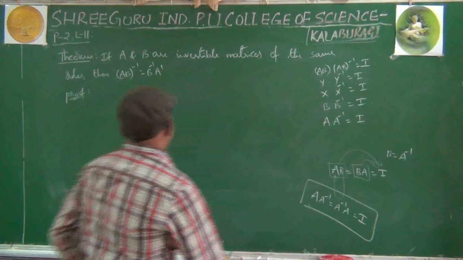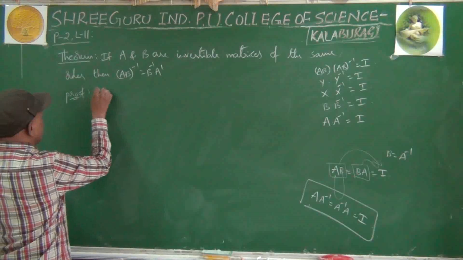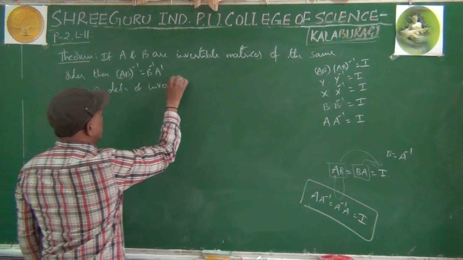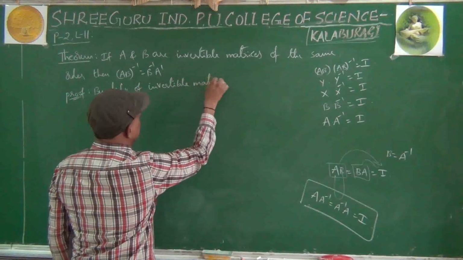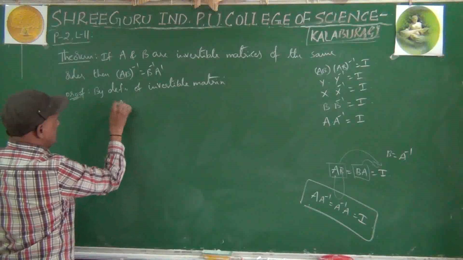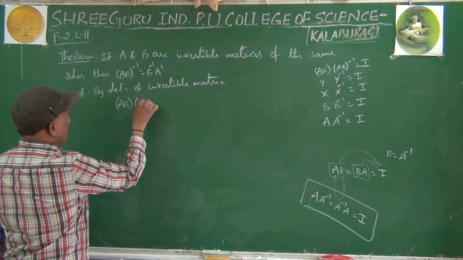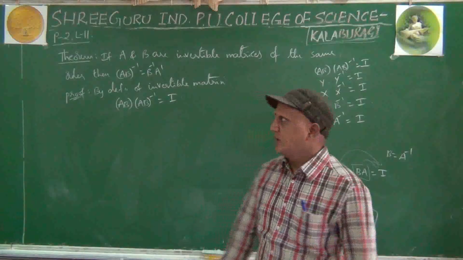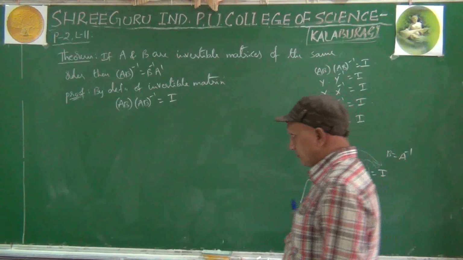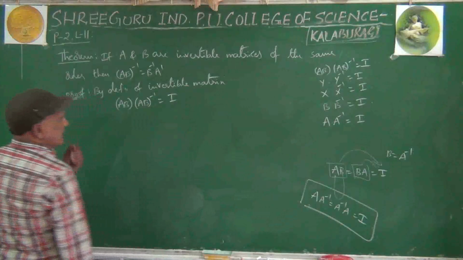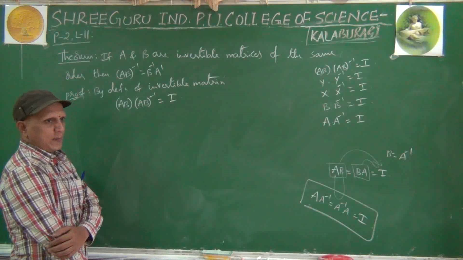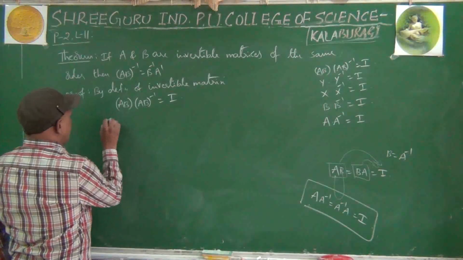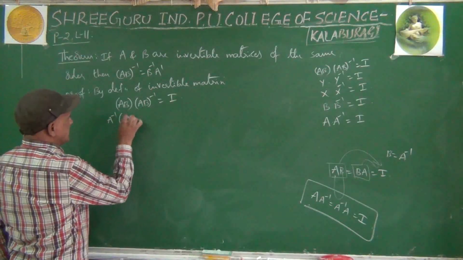A and B are invertible matrices by the definition of invertible. By the definition of invertible matrix, we can write like this: AB into AB whole inverse equals I. Right? Here, pre-multiply with A inverse. Multiplying with A inverse on both the sides.